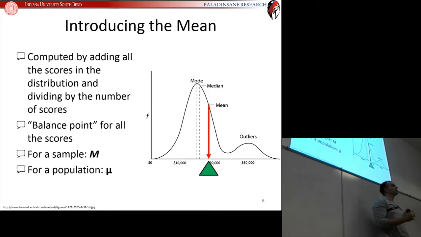So if it's Indiana students, it's all Indiana students. That would be the entire population of Indiana students. You, on the other hand, are a sample of Indiana students. You're one little part of it. So if we were calculating the mean of everybody in this class, we would use the sample mean. If we were calculating the mean for the entire population of Indiana students, we would use the population mean.